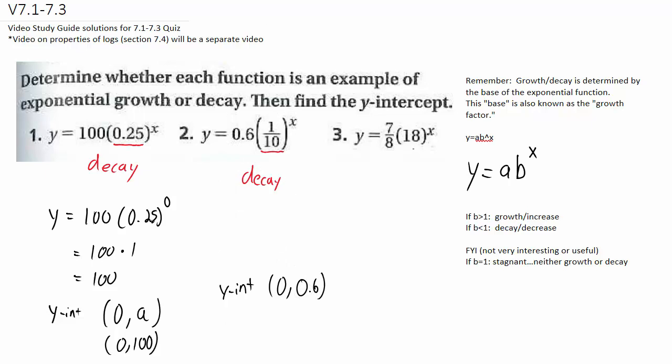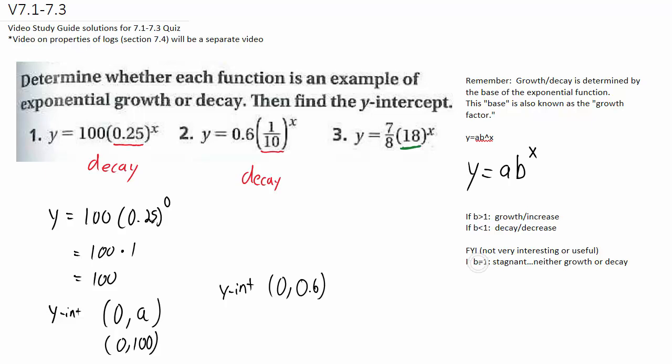Now, number 3 is a little different, because even though we have a fraction right here, again, this is not the thing we use to determine whether it's growth or decay. What matters is the base of the exponent. This number is bigger than 1, so since we have a base that's bigger than 1, that's growth or increase, as opposed to the previous two, which were decay or decrease.